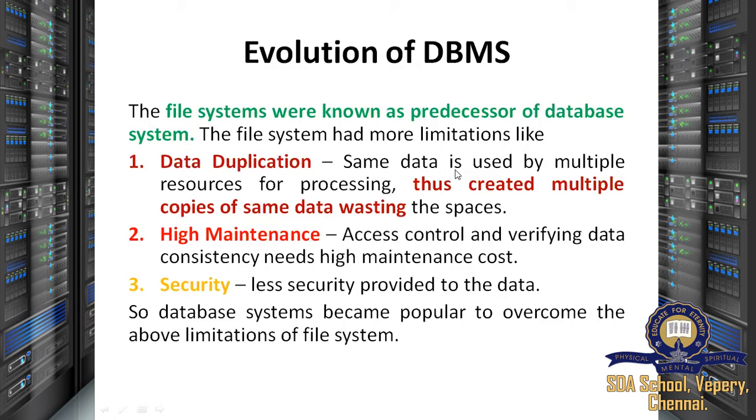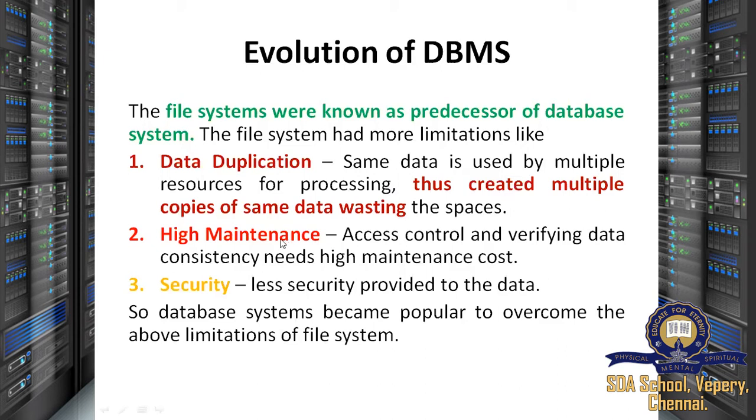Same data is used by multiple resources for processing, thus created multiple copies of same data, wasting the space. So same data is being reproduced in many files, thus it is producing wastage of spaces. That is called data duplication. We can find data in multiple files in file system.